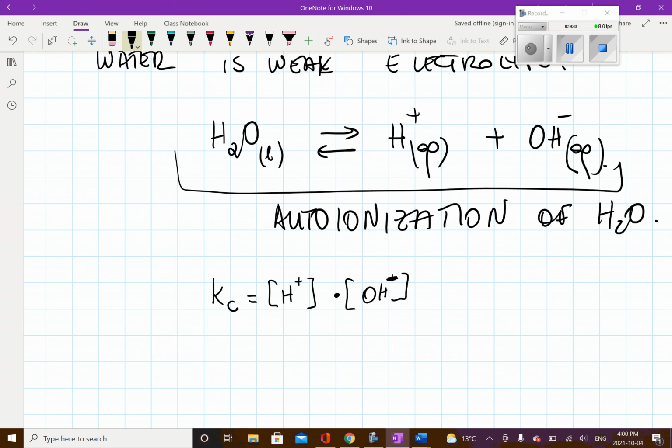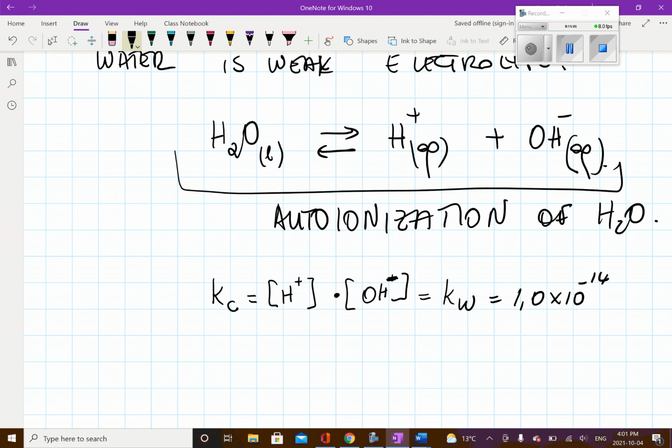This is a constant value, and it is known as Kw, and it is 1.0 times 10 to the power of negative 14, no units.